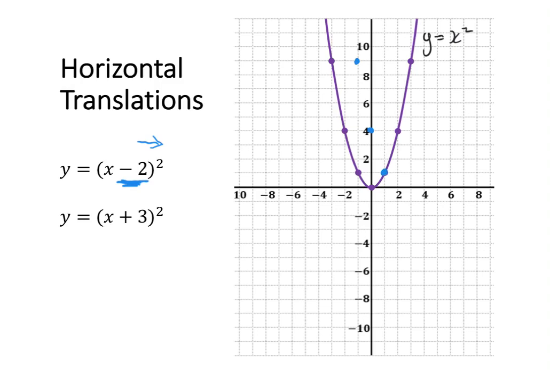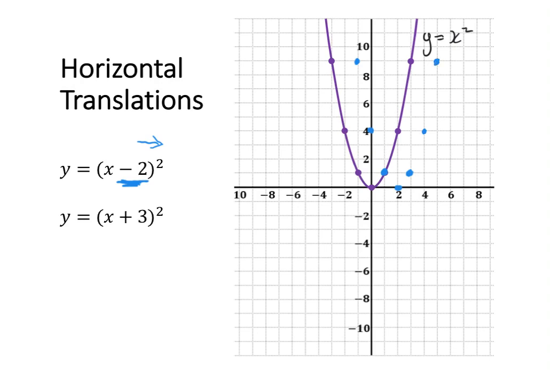Our turning point moves from 0 to 2. 1 and 1 becomes 3 and 1. 2 and 4 is going to become 4 and 4. And 3 and 9 is going to become 5 and 9.